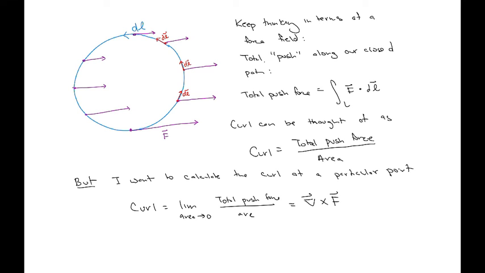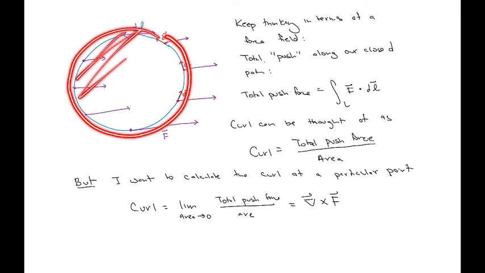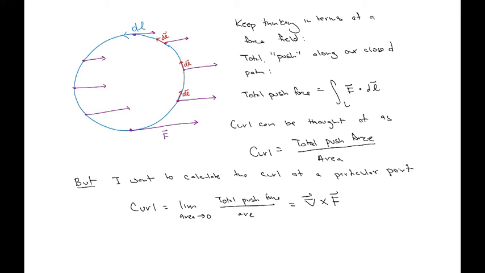I want you to think about shrinking this total area all the way down to the middle point, and we're going to be able to define the curl at a particular location by taking the area down to 0. This is a reminder: all of this we've been talking about for force fields, but in general, this idea is to find the circulation of any vector field.